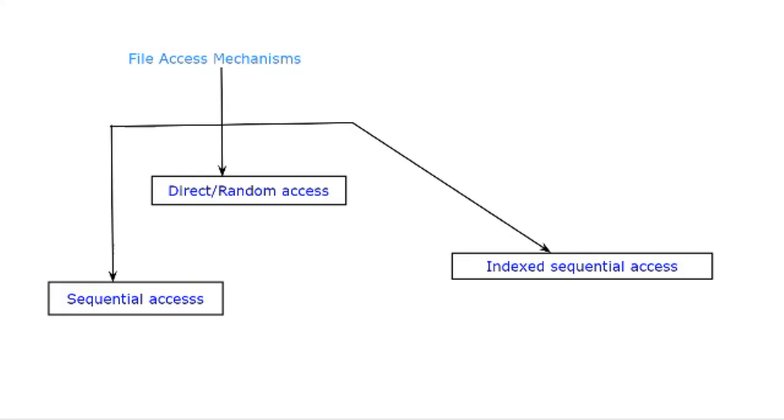The index is searched sequentially and its pointer is used to access the file directly. What is the use of the pointer? To access the file directly, to refer to that address area and access the contents in the address area quickly. This was about file access mechanism.